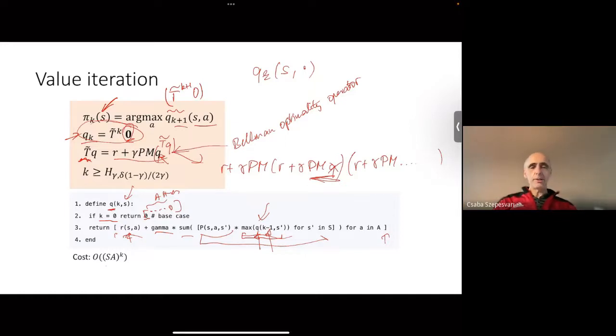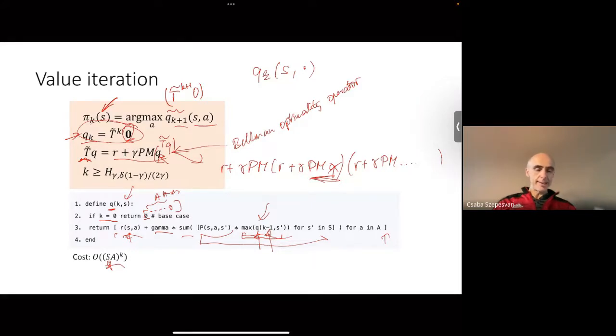The problem is that the cost of this is still too high. It has the number of states in it. And then the simple observation that was made in the lecture is that this dependence on the number of states disappears at the moment when your system is deterministic, when it has deterministic transitions.